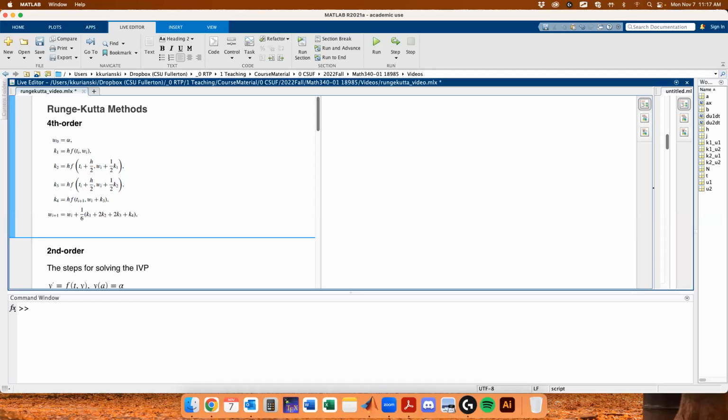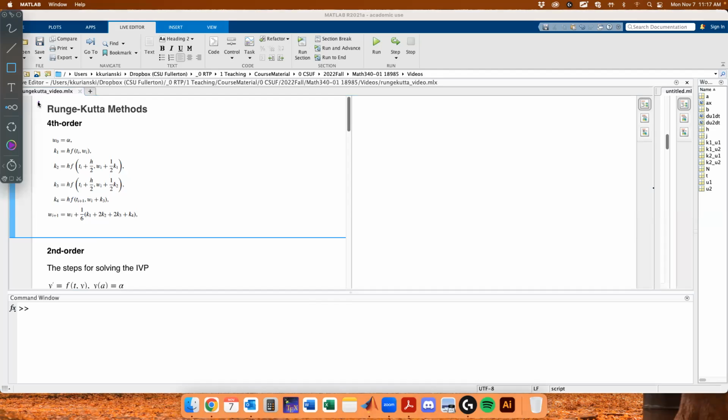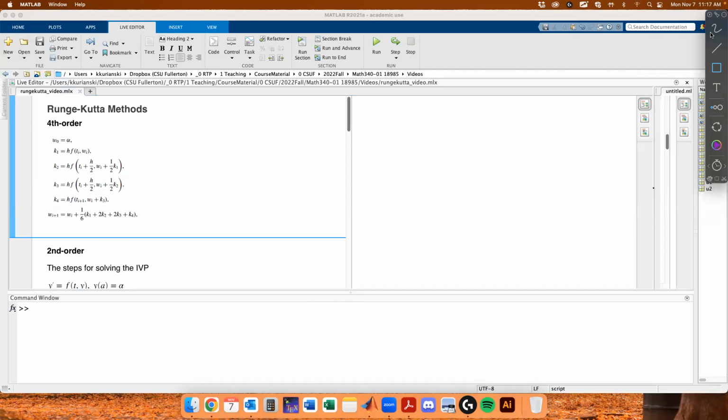Okay, now that we're over here in MATLAB, let me walk you through how you might solve the problem that we just outlined in our notes. So in your project, you are going to implement Runge-Kutta order 4.